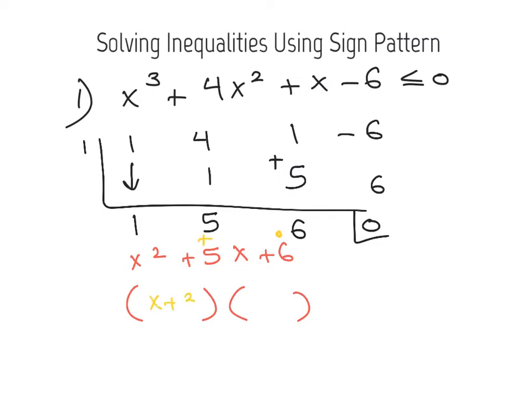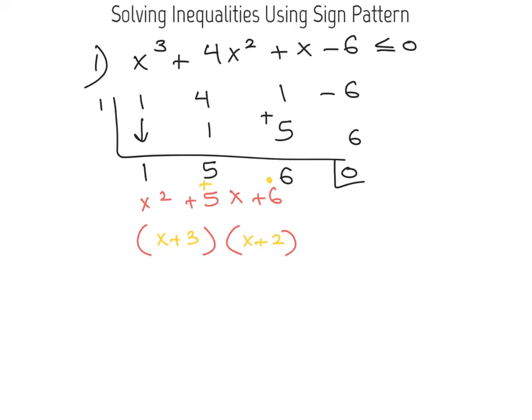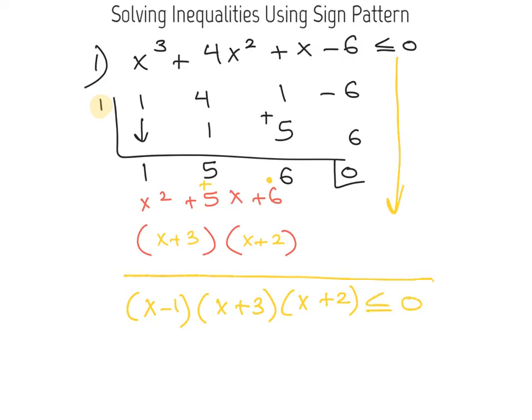That is 3 and 2. So that means I have 3 different factors. I have the root 1, so the factor is x minus 1. Then the second factor is x plus 3, and the third factor is x plus 2. Then copy down the inequality, and that's the one that we're working with.